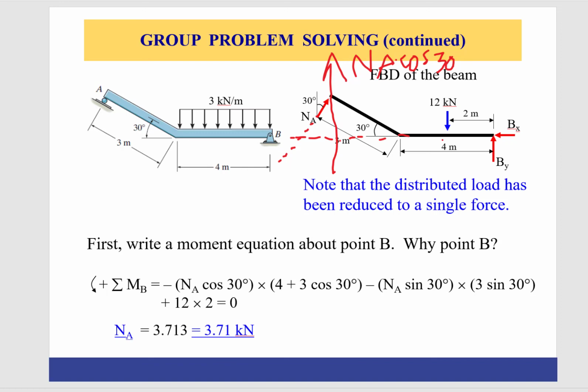So that distance is simply 4 plus, well, this is 3, from here to here is going to be, cosine 30 is this unknown over 3, so therefore it is 3 cosine 30.